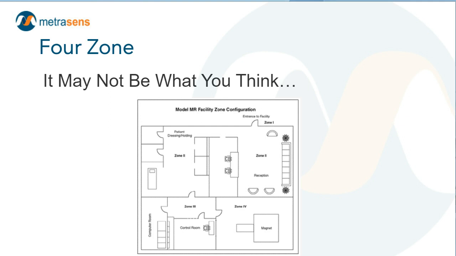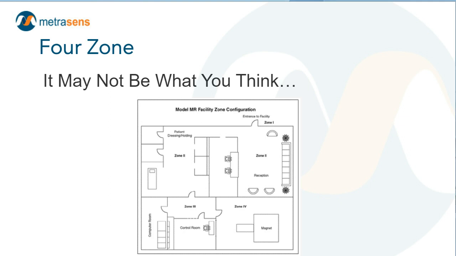The control room is not automatically a zone 3, depending on the layout and configuration of your suite. The waiting room, the patient prep area, it's not the function, it's the risk, really, that drives the zone requirements.